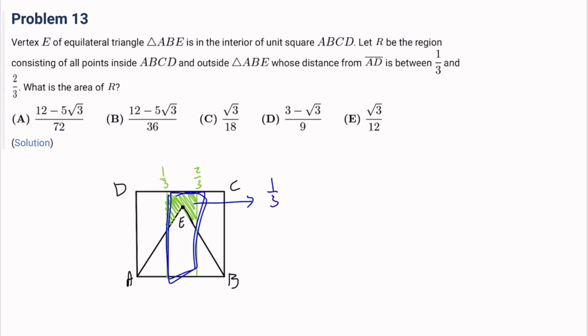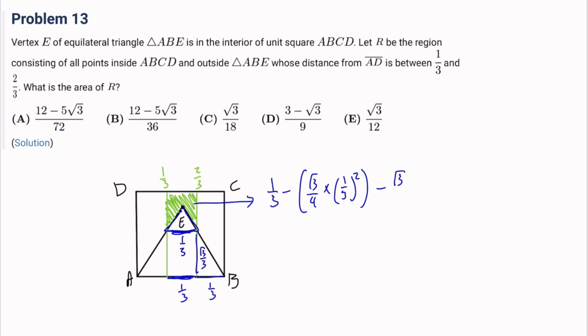Then minus this much: √3/4 times, and this is 1 unit and this is 1/3, so if we draw a line like that, then this would also be an equilateral triangle, so times 1/3 squared. And minus this much more, so that's 1/3 times, and since this is also 1/3, this is √3/3, and this whole thing is √3/9, right?